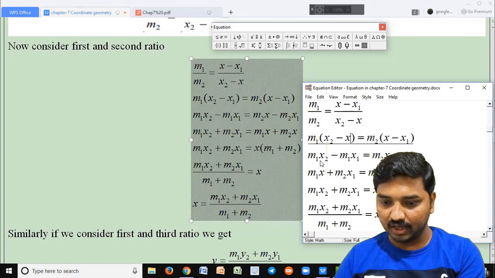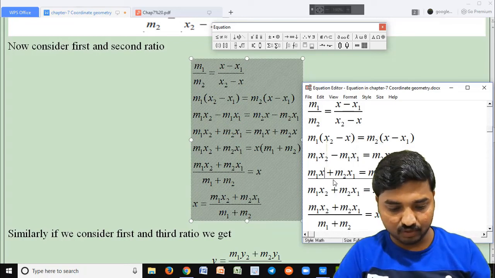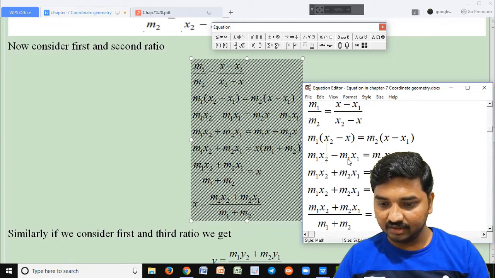Then M1 x2 minus M1 x, it's right. And then after this, M2 x minus M2 x1. Then M1 x2, this is right, and this is M1 x, just x.